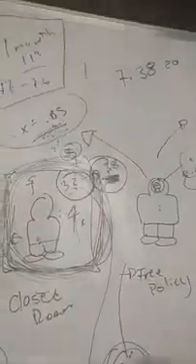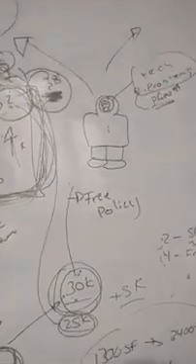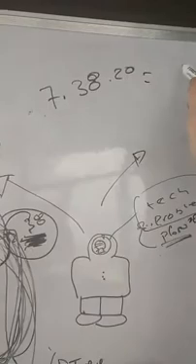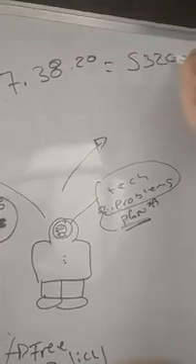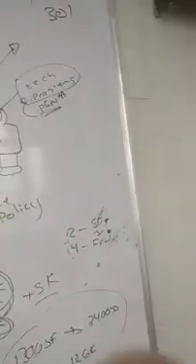What is that value? 7 times 38 times 20. This value ends up being 5,320 hours.